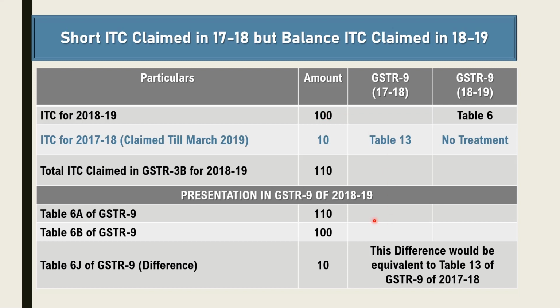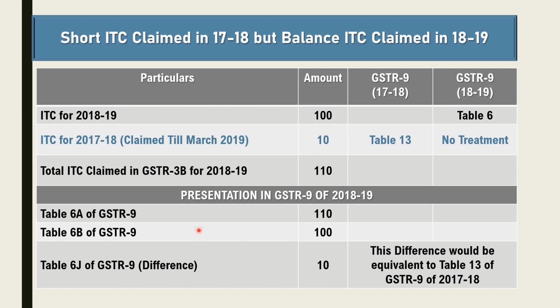Now how would it be presented in GSTR 9? My table 6A would be auto populated with figures of 110 rupees, since this was the total ITC claimed in GSTR 3B of 1819. But I would be only giving details of 100 rupees in table 6B. I've assumed that there is no RCM credit for simplicity.